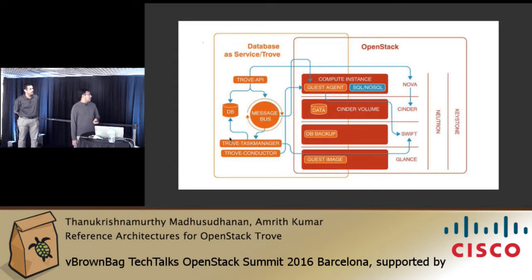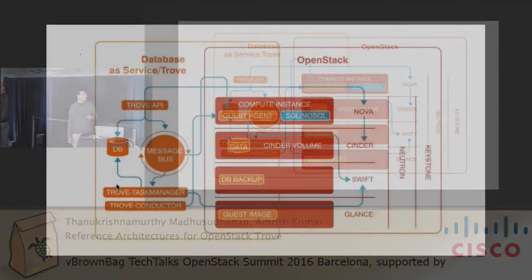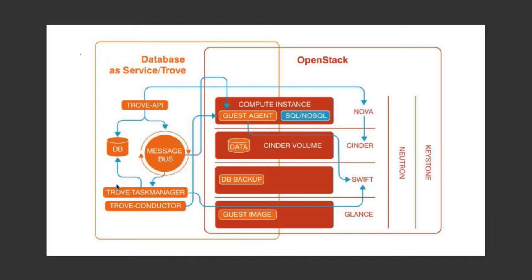So Trove is a database as a service component of OpenStack, and Trove instantiates database instances, and at the same time Trove manages the database instances as well. If you see the left side of the box, it essentially works similar to the other OpenStack components.